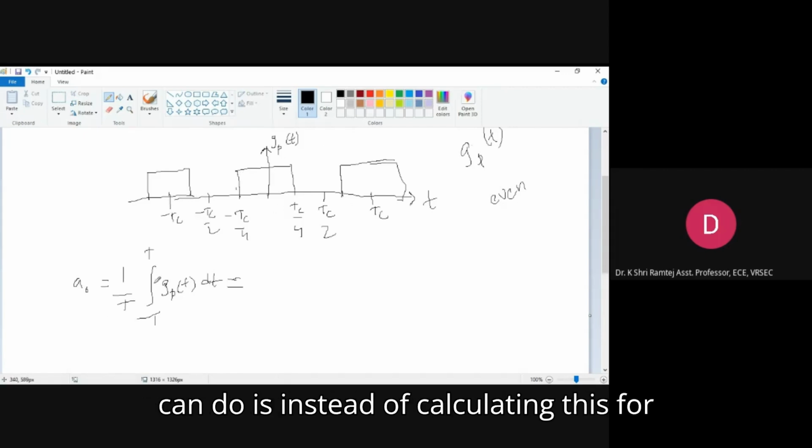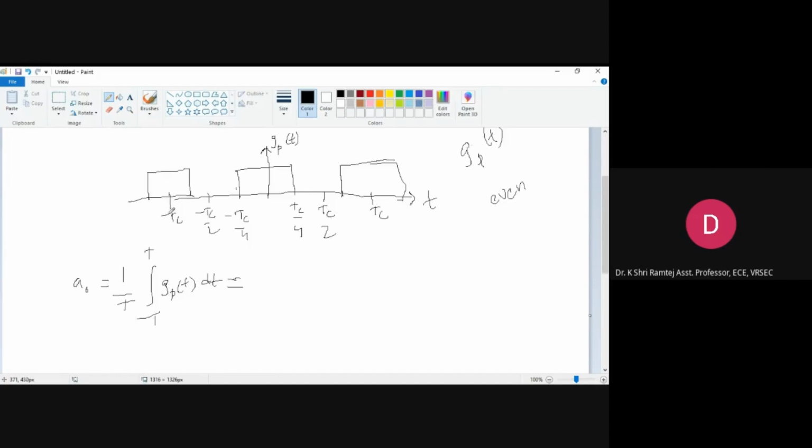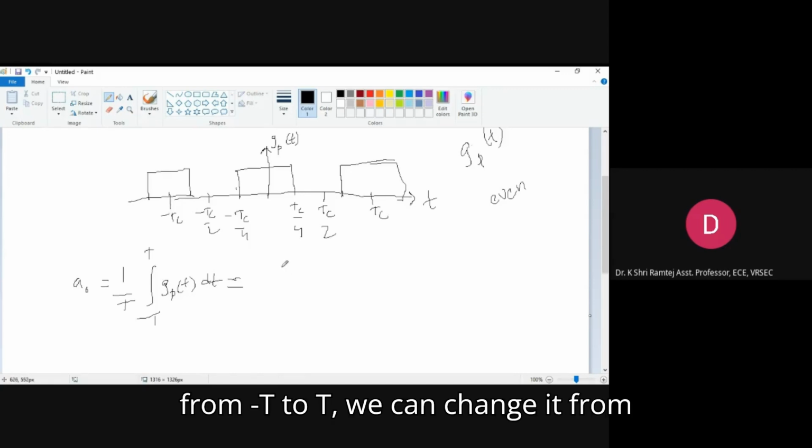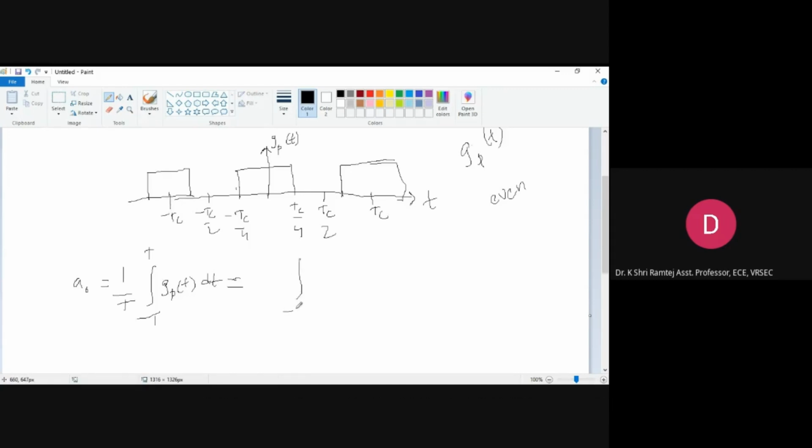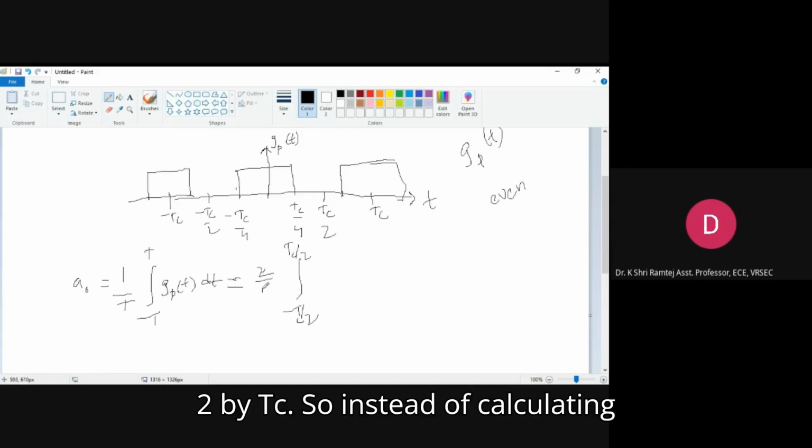So what we can do is, instead of calculating this from minus T to T, we can change it to minus T by 2 to T by 2. Here it is minus Tc by 2 to Tc by 2. And we can double this value. So it will become 2 by Tc.